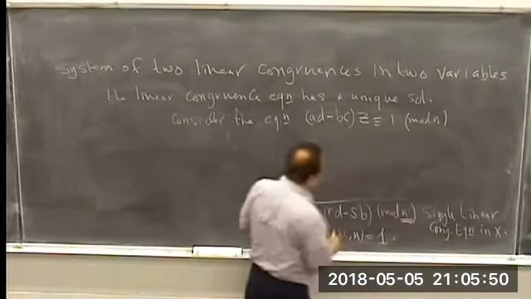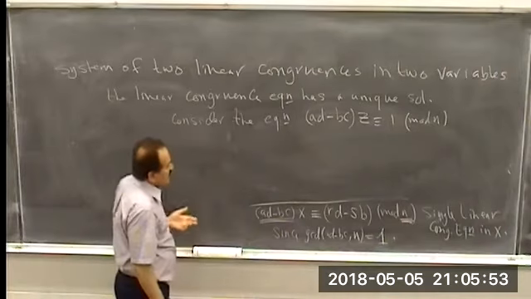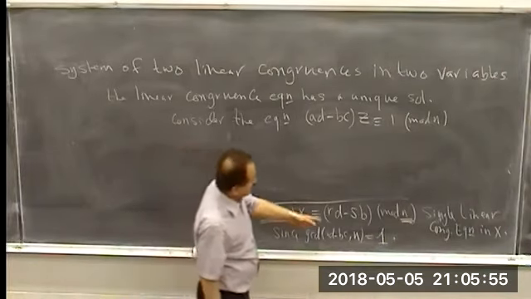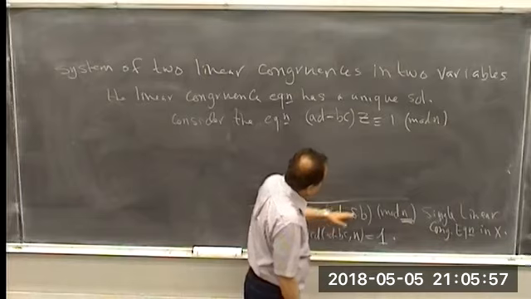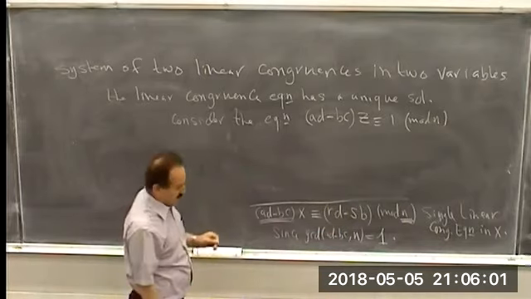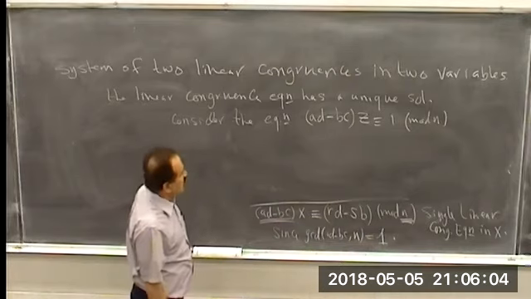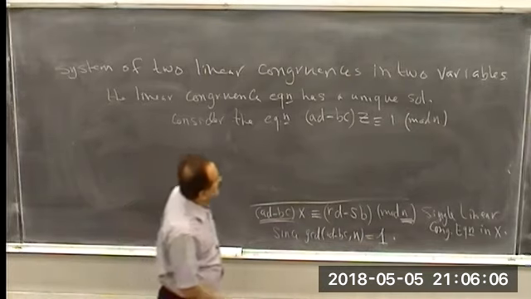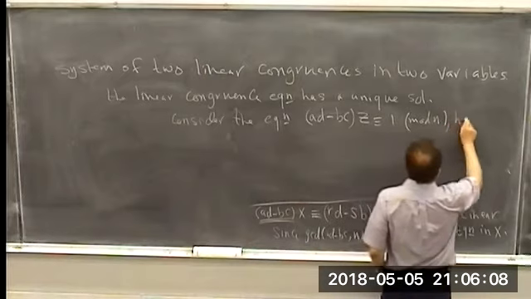So in other words, I'm sort of getting a simpler equation. Instead of the right-hand side being RD minus SP, I'm producing an equation that has 1 in it. Okay, so this has a solution.